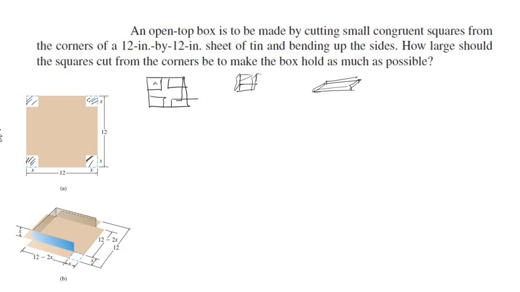So if this is x, then this part is 12 minus 2x, and this is again 12 minus 2x. Let's take the area of the base.